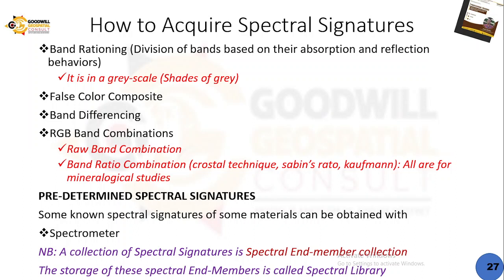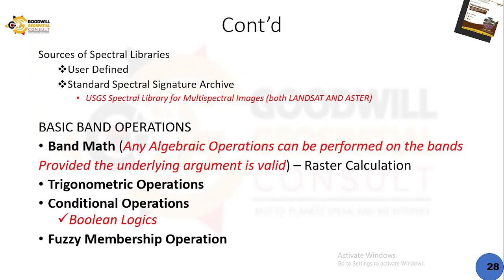We store these endmembers in what you call the spectral library. Wherever you store it is your spectral library. Now, sources of spectral libraries: we have the user-defined spectral libraries, where you customize your own libraries and save these spectral endmembers in a library. Then we also have the standard spectral signature archives, that is the USGS spectral library for multispectral images, both for Landsat and ASTER images.